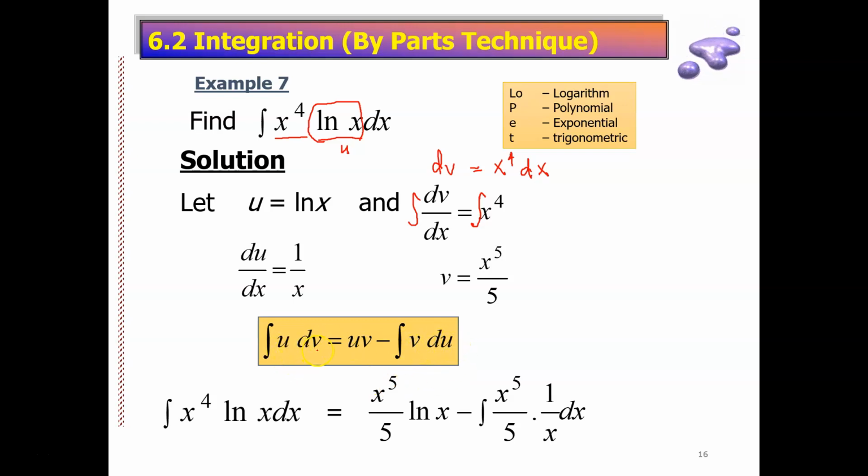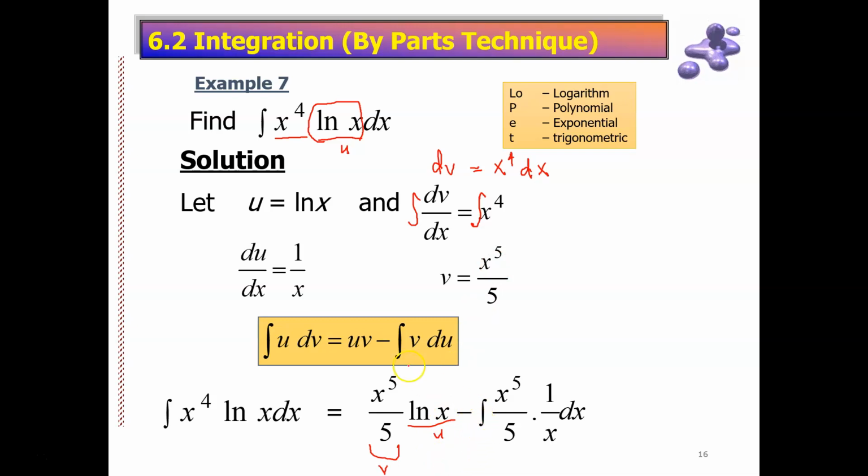Again, integration of u dv, ni adalah yang ini, yang asal, equal to uv. So, your u is your ln x. We have over here, ln x is our u. And this whole thing over here is our v. Kan? Kita dah dapat v over here.